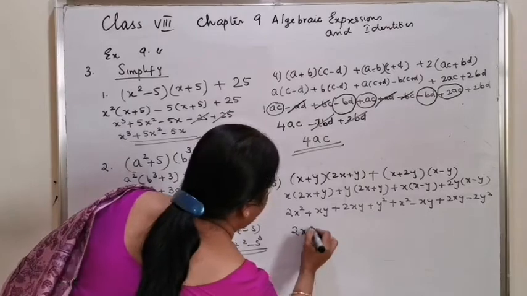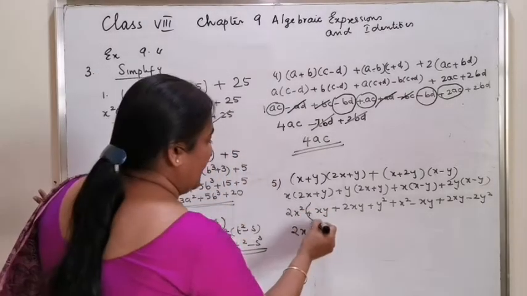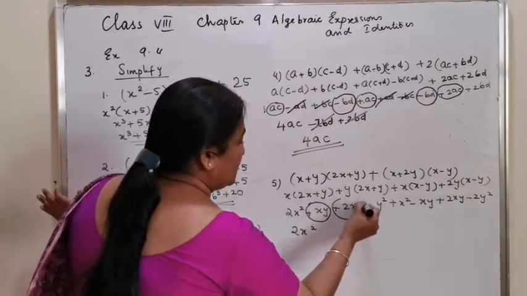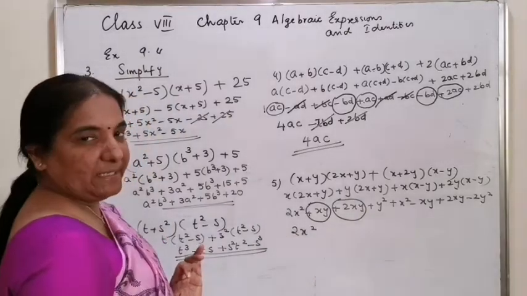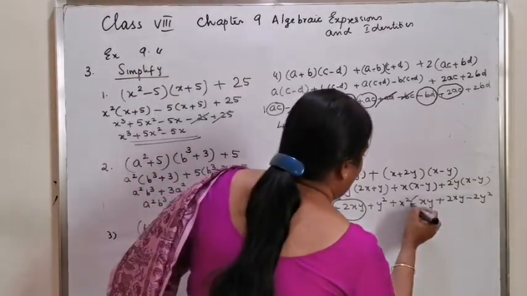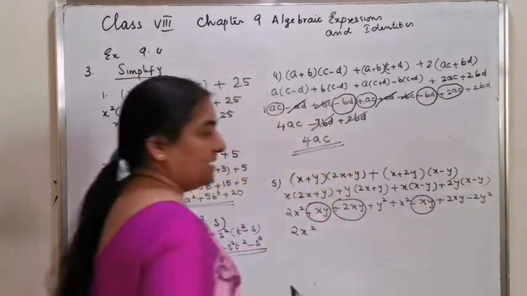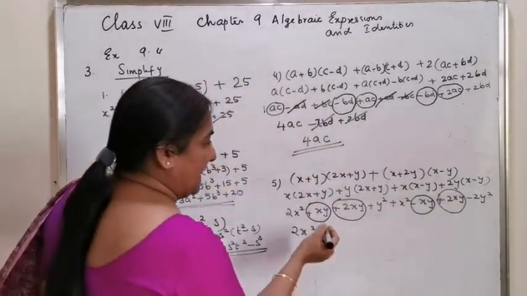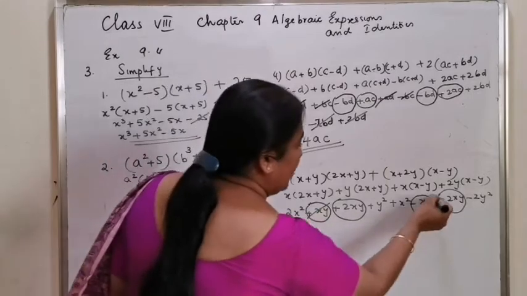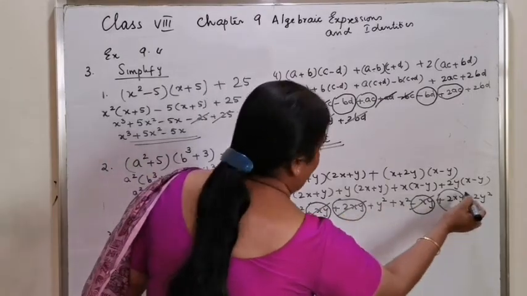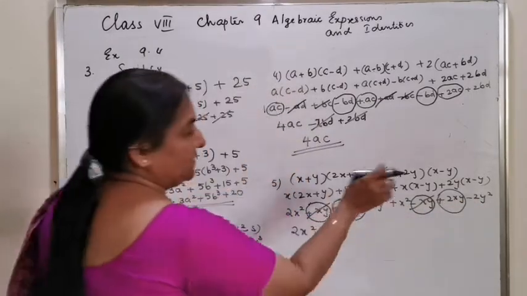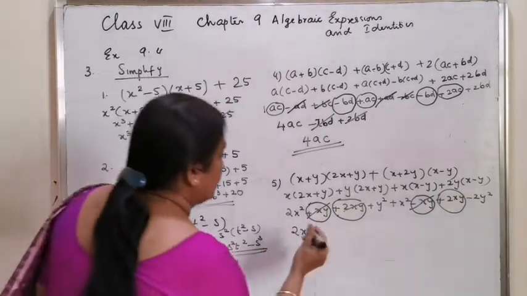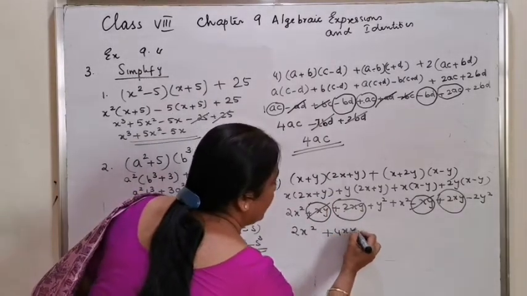2x square, now plus 1xy plus 2xy is plus 3xy, again minus xy, again plus 2xy. That means we can cancel it: positive xy, negative xy, and positive 2xy, positive 2xy means it will become plus 4xy.